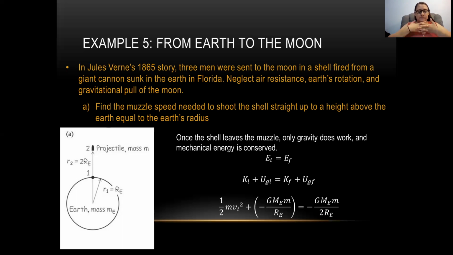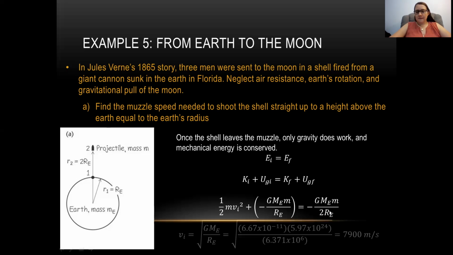It's not good enough if we're trying to land people on the moon. Well, and in one piece. So we have our initial kinetic energy and our initial potential energy, which is equal to our final potential energy.